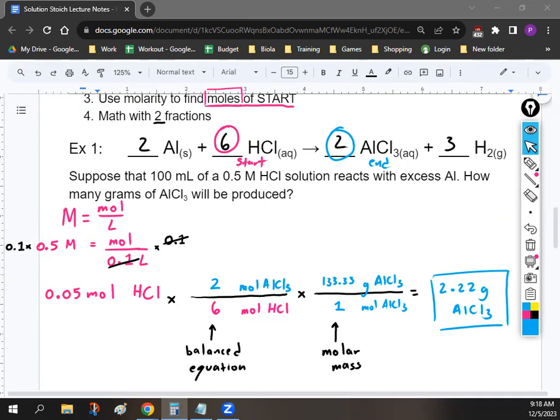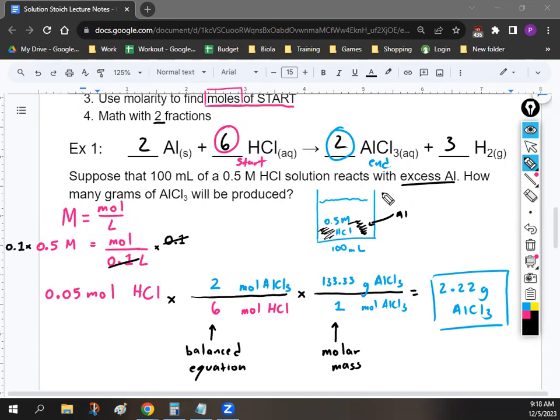All right, and that's pretty much it for solution stoichiometry. Let's talk about what this means real quick, and then I'll let you guys start on your problem. This is what we'll be doing in the lab at the beginning of next week. If you have a solution that is 100 milliliters and 0.5 molarity HCl, and you put excess aluminum metal inside of it, the 2 chemicals are going to interact with one another.